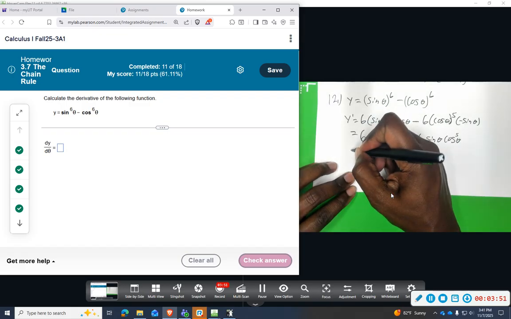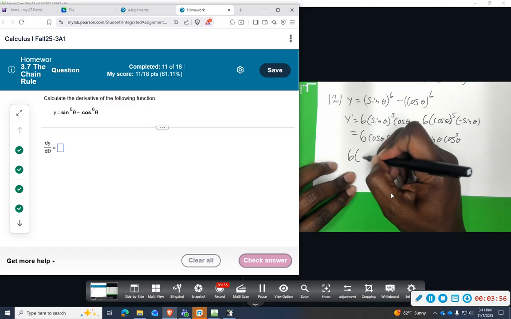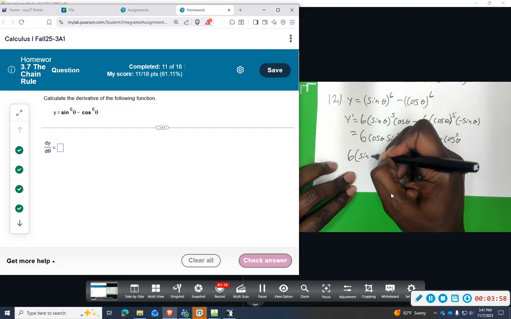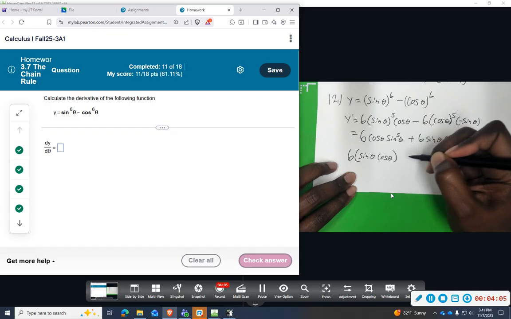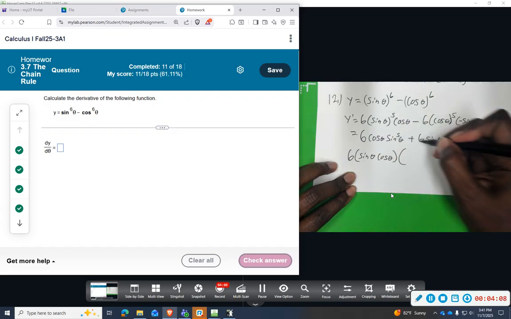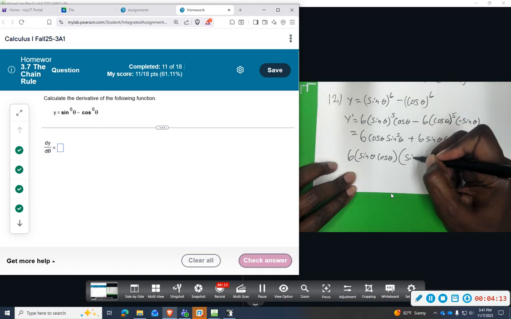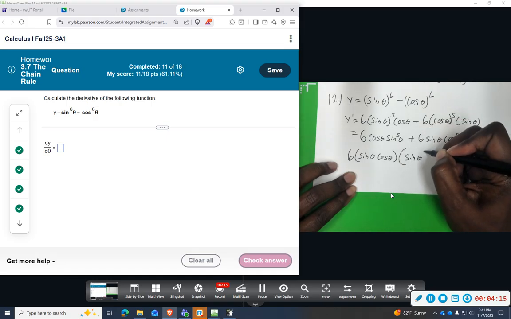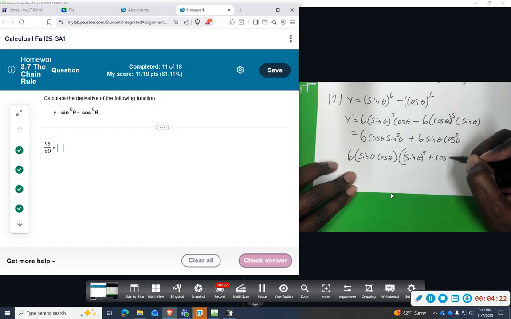So if I do 6 sine theta cosine theta, that would leave us with, take out 6 cosine, that leaves me with sine theta to the 4th power, and then plus cosine theta to the 4th.